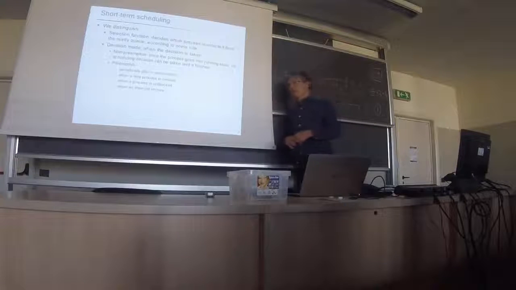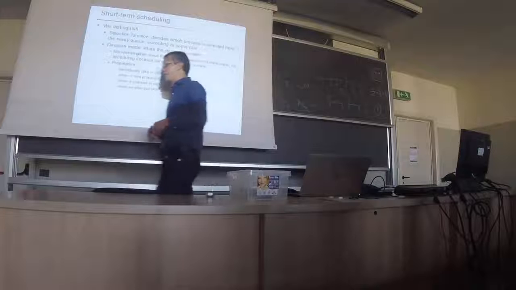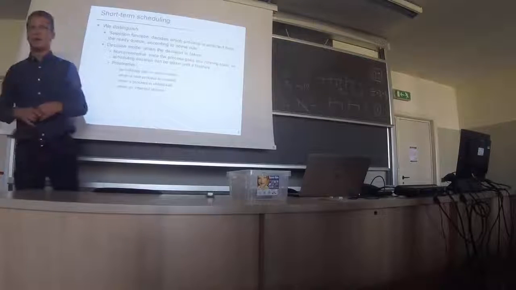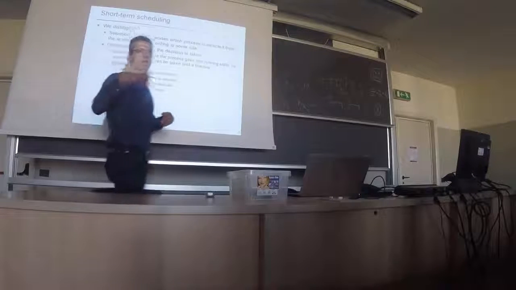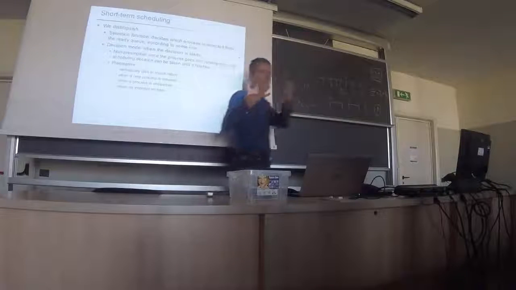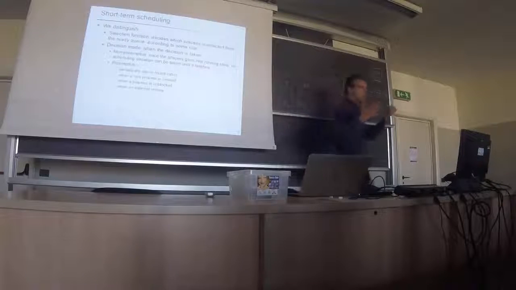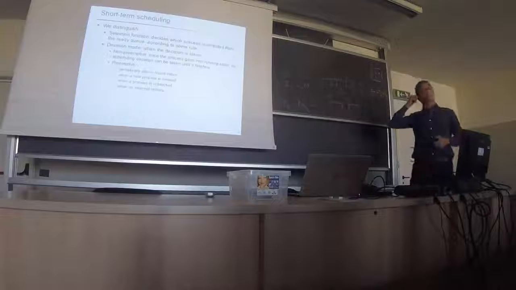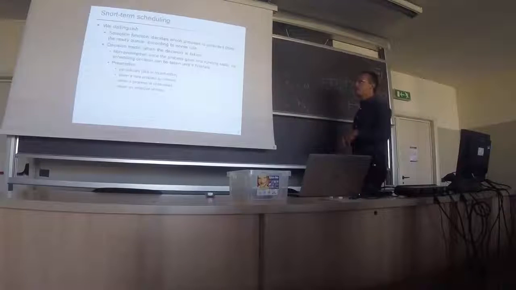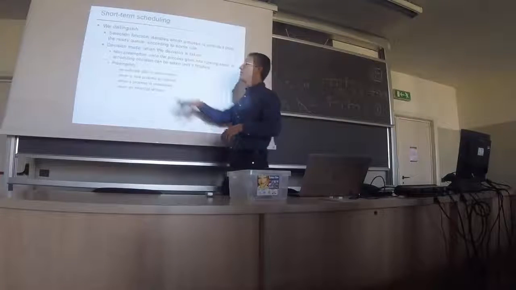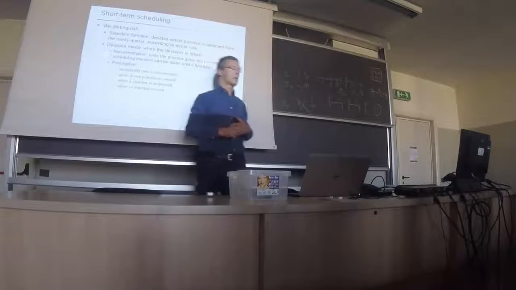Okay, so when the decision is taken, so when I selected which task to execute next, okay, so either there is a task running or not, so I take the decision on which task to execute next, okay. When I took that decision, the decision mode may be preemptive or non-preemptive, okay.